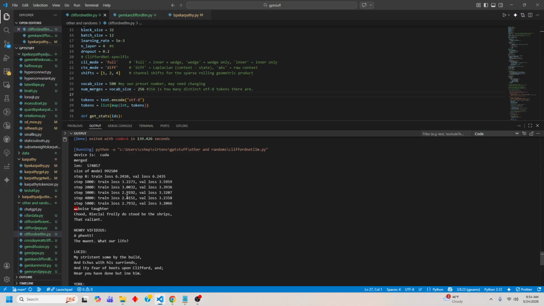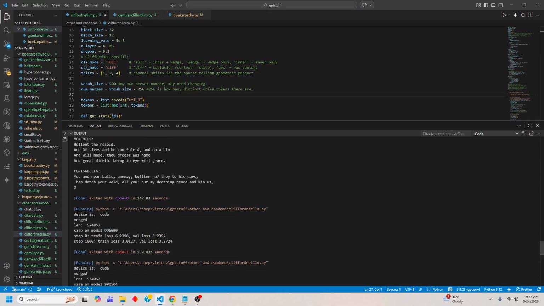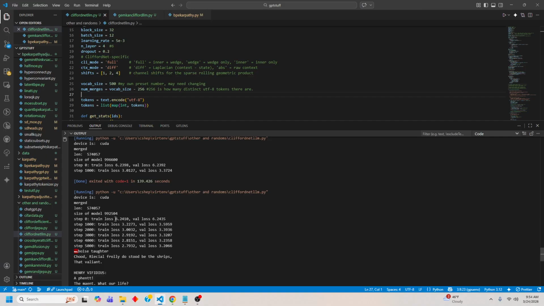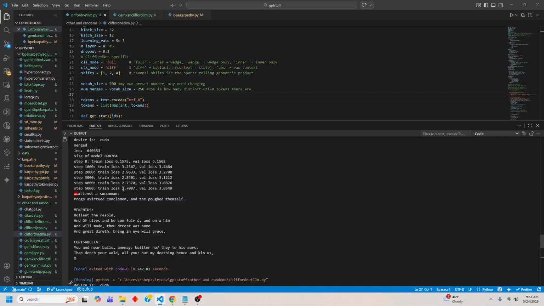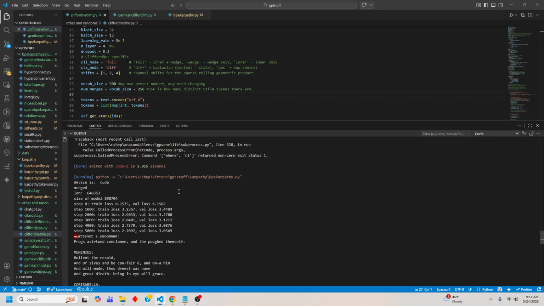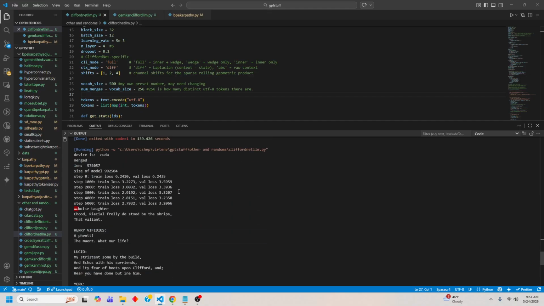I think that slightly increases the loss with more tokens, but it also makes the training better. So 2.79 and 3.2 versus 2.70 and 3.05. So it works pretty close, very well for what it is.